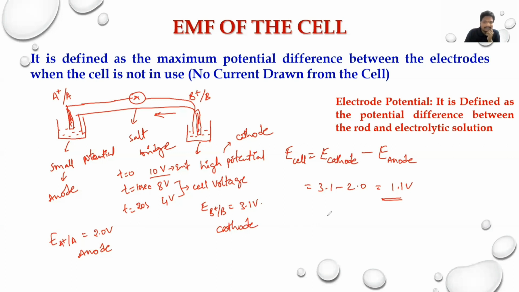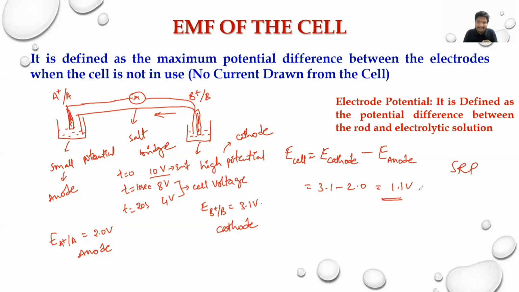Now let us consider the standard electrode potential. If they are given the standard reduction potential, that is SRP, every cell will have some standard reduction potential, measured at 25 degrees centigrade, with the concentration of the electrolyte solution at 1 molar, and at a pressure of 1 bar.